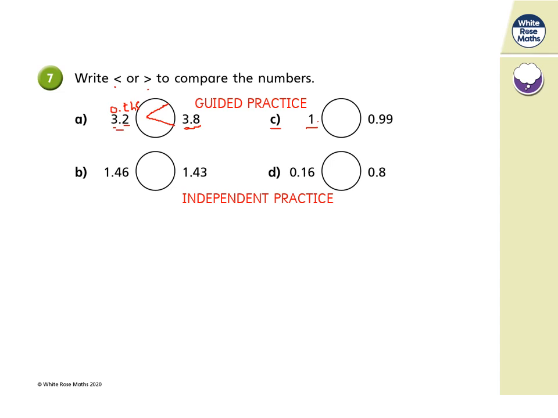So I have the number 1 and then I have the number 0.99. Now, I don't have any ones in that place value column, but I do have 1 there. And even if I were to think about it like money, I would rather have £1 over 99p. Because going to the pound store, I need that extra penny. So, £1 is more than 99p. But in this scenario here, we have 1 is more than 0.99.